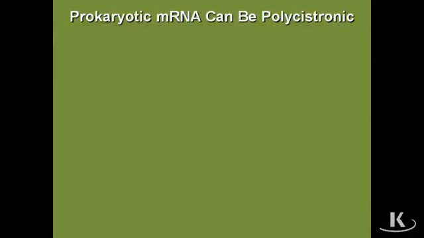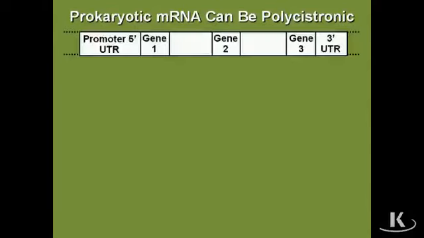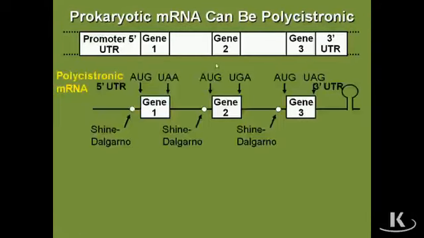Let's highlight once again, polycistronic messages. This illustrates what a polycistronic message might look like. Shown above is the DNA sequence that would encode a particular messenger RNA. There's one promoter sequence, one termination sequence, and from this DNA is derived one single messenger RNA.